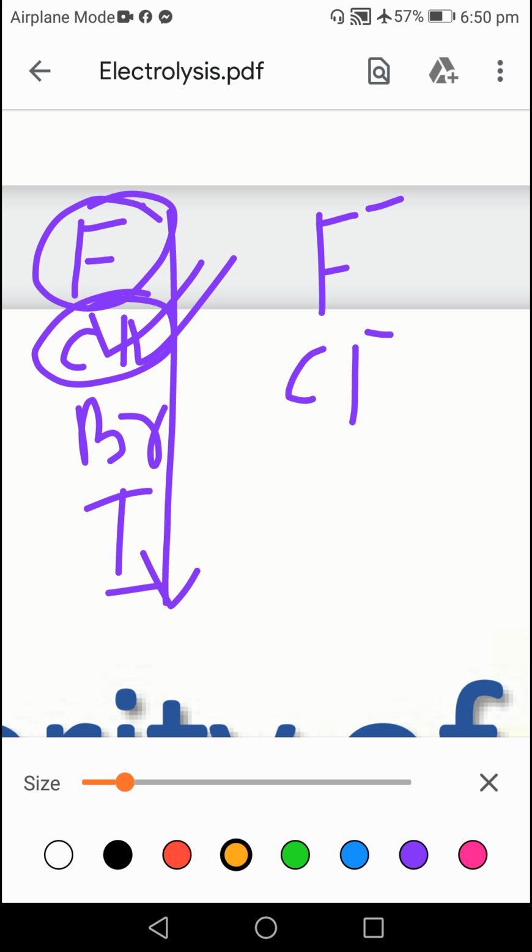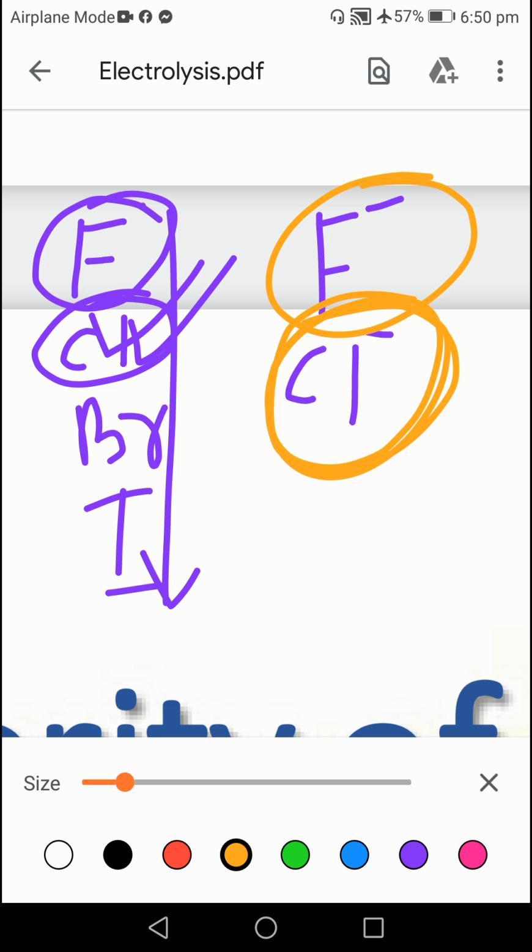Down the group the reactivity would decrease. That means chlorine is less reactive than fluorine. So what would happen is that if fluorine and chlorine are present, then chlorine will get neutralized and fluorine will remain as it is, because chlorine is less reactive.